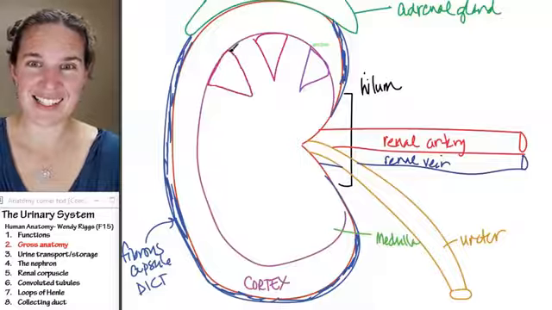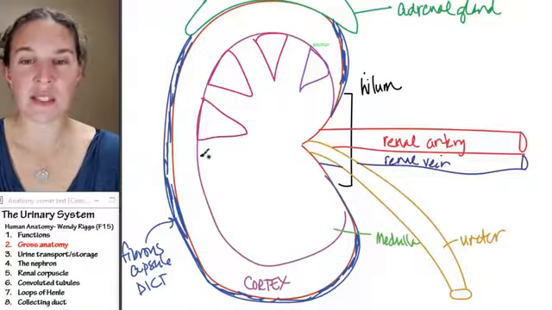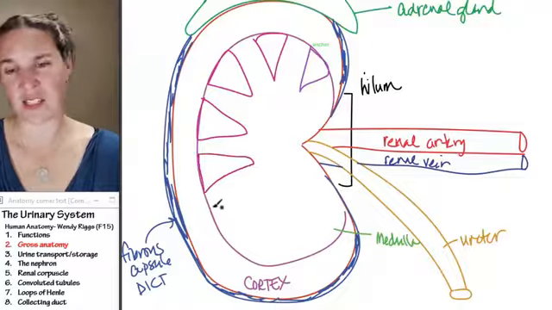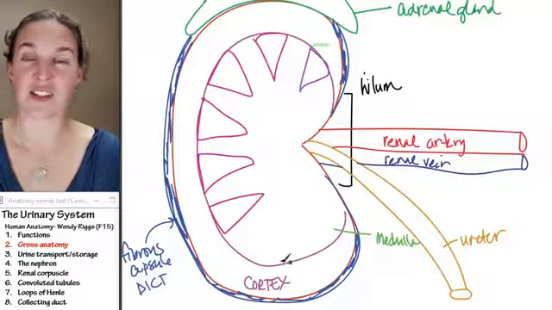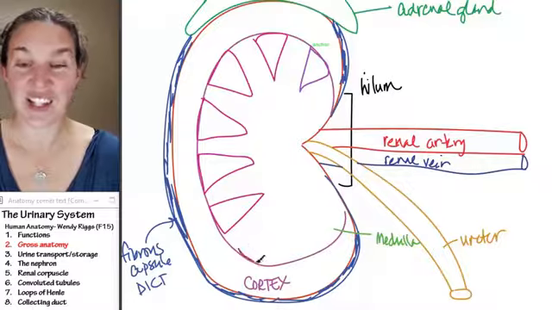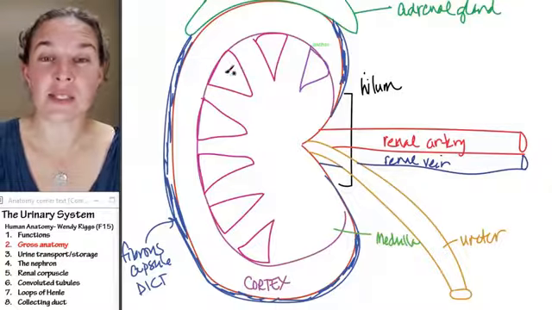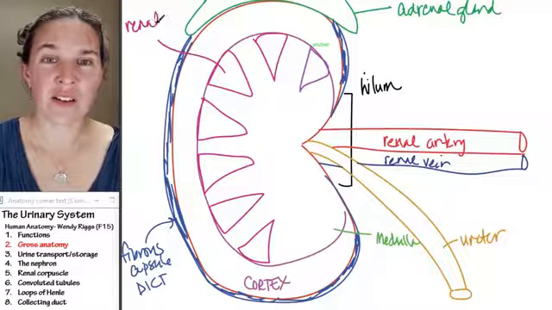Pizza slices. How'd you know that? Oh my gosh, wouldn't it be fun if somebody out there actually thought they look like pizza slices? If you thought pizza slices, you're very strange. Just like me. Okay, enough pizza slices. These are renal pyramids. That's easy. Renal pyramid.